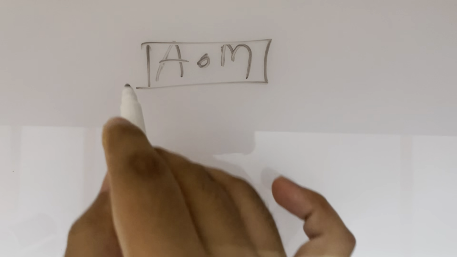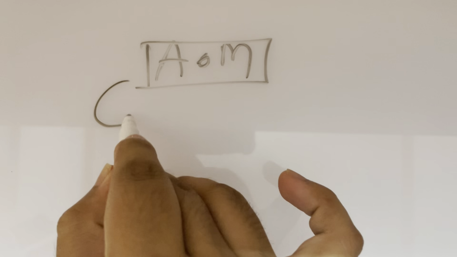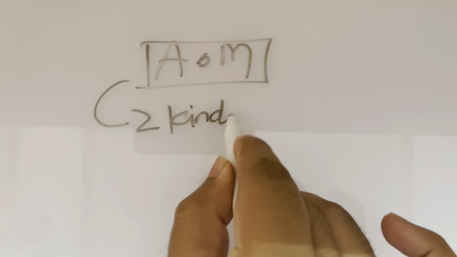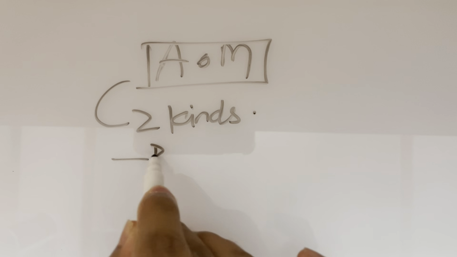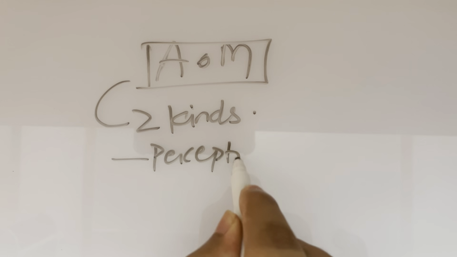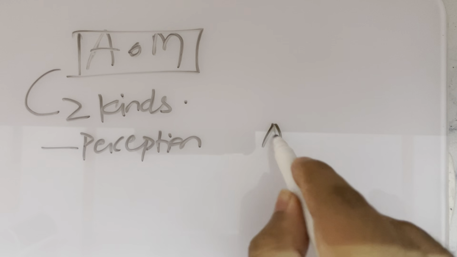Let us dive deep into activities of monads. According to Leibniz, monads exhibit two kinds of activities: perception and appetition.